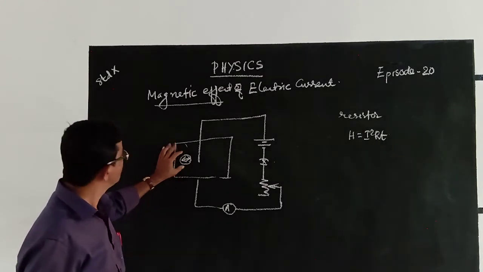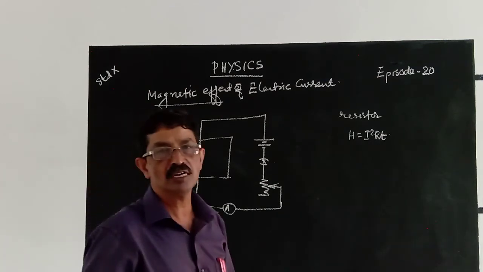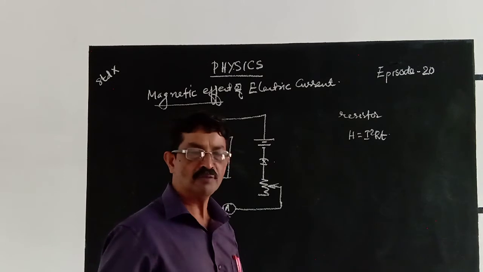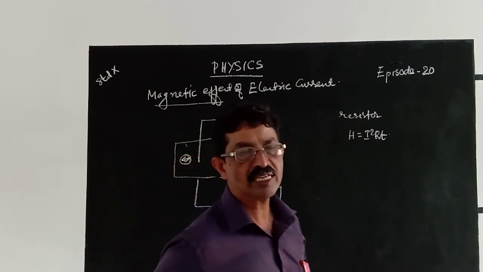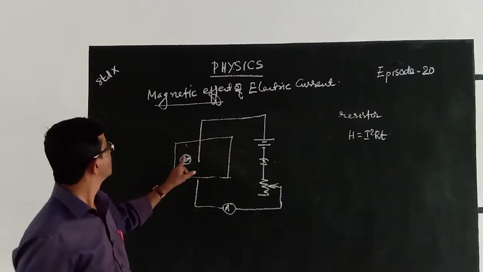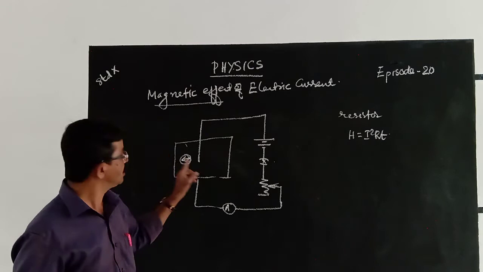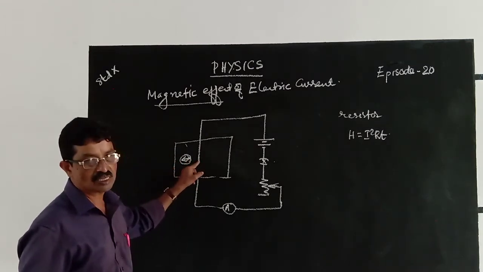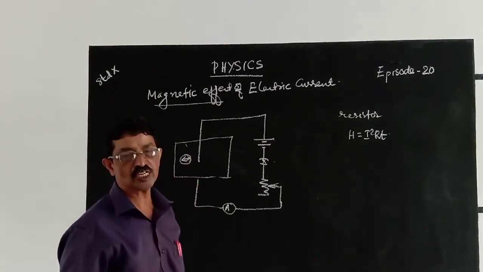Why? We know this magnetic needle is a small bar magnet, but it can move freely, and it always stays in the north-south direction.